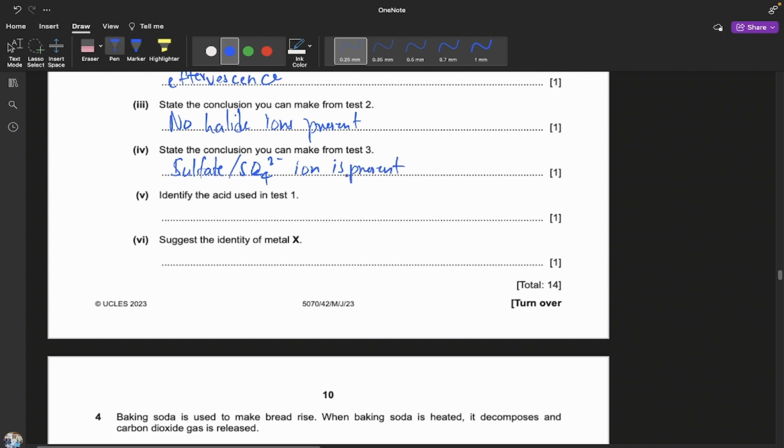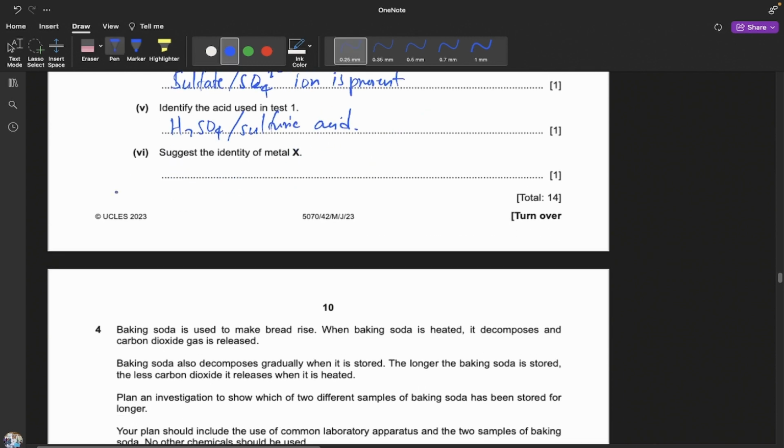Identify the acid used in test 1. As there is a sulfate ion, we can say it's H2SO4, or sulfuric acid. Suggest the identity of the metal. I told you before it could be magnesium or zinc.